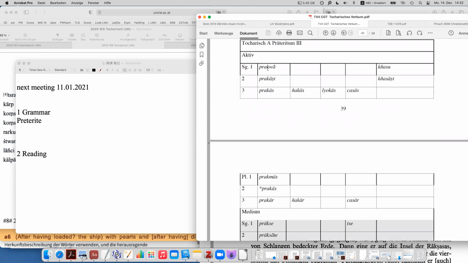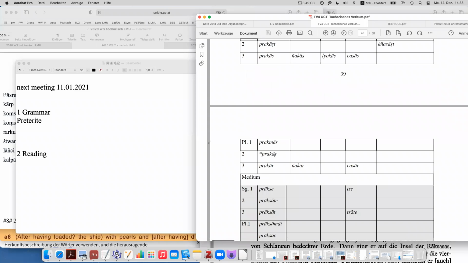So you have the singular active, you have plakwa, plakust, plakus. So this is actually the S morpheme. And then the plural is called plakmus, plakus, plaker.